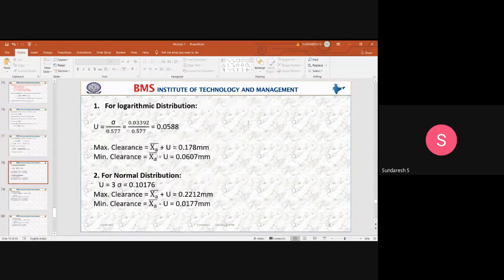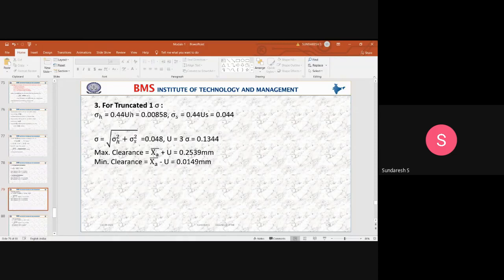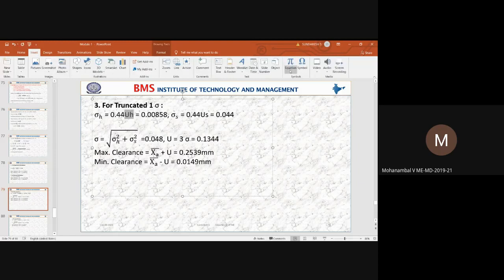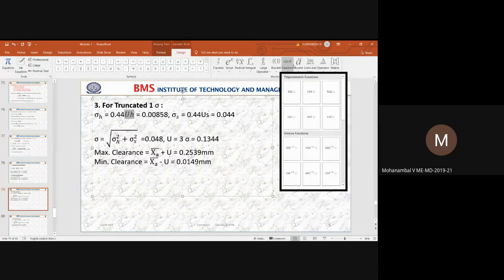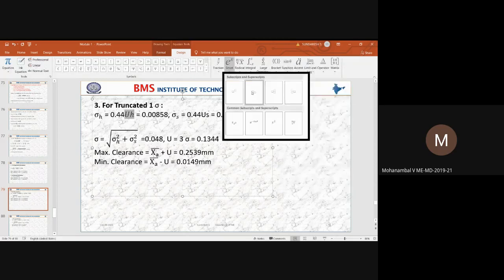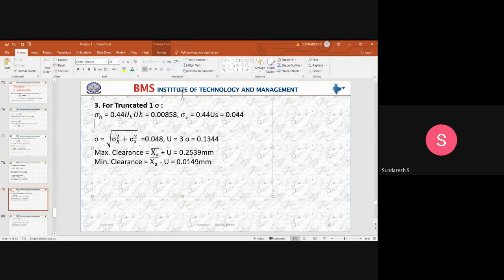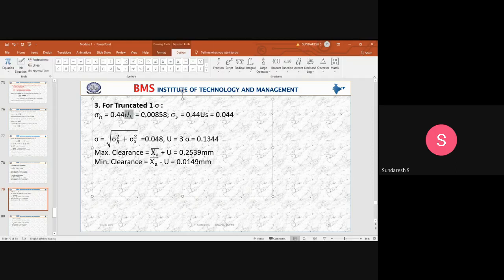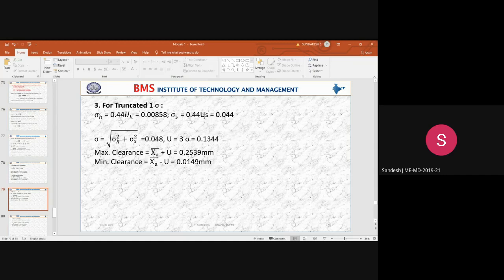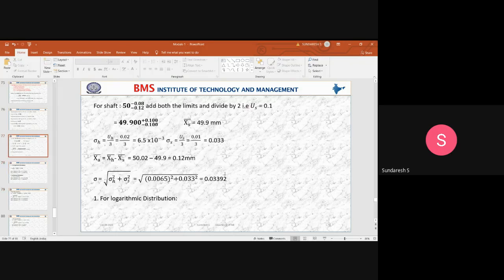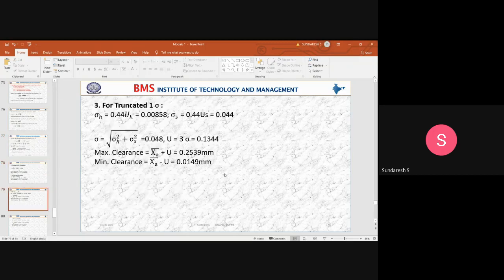Those values you have to substitute here. I think UH we have got 0.02 and US is 0.01.